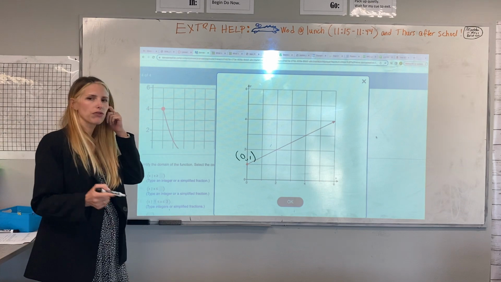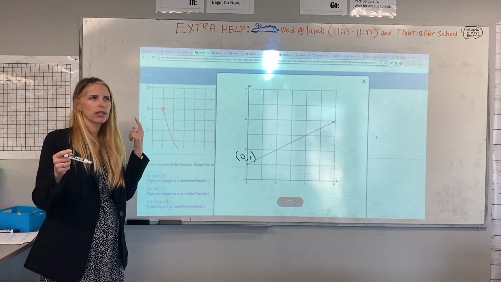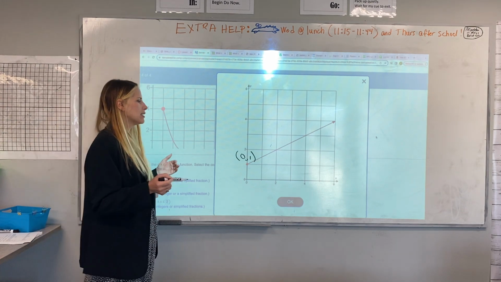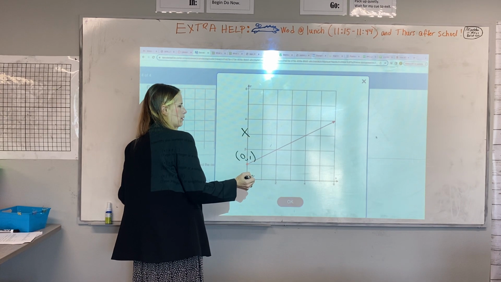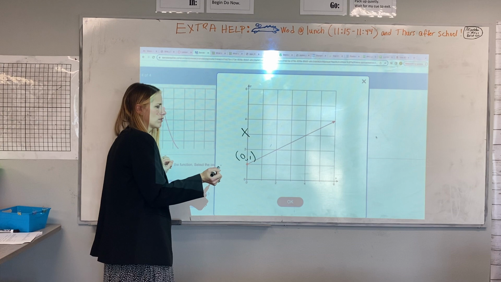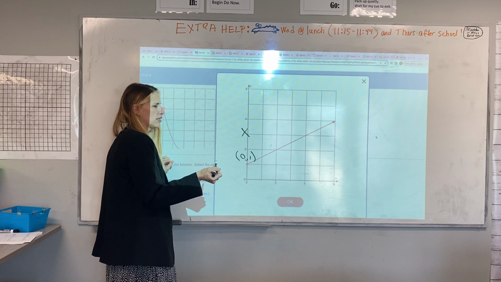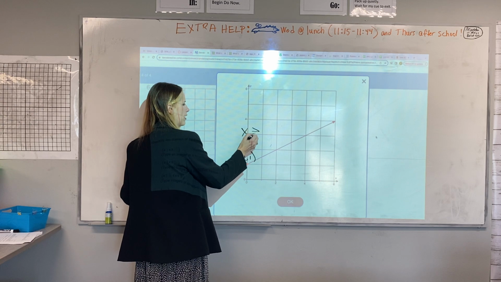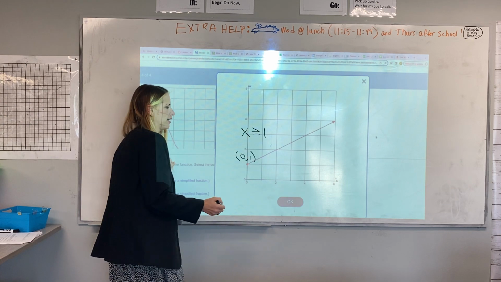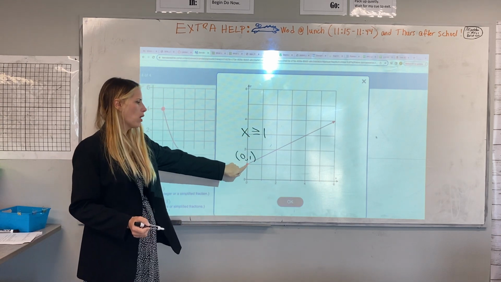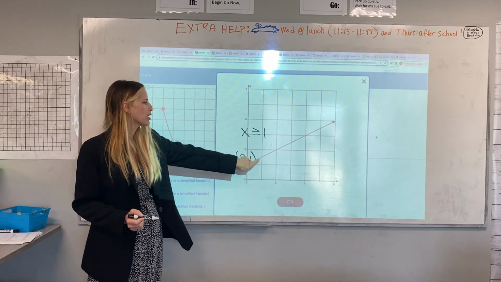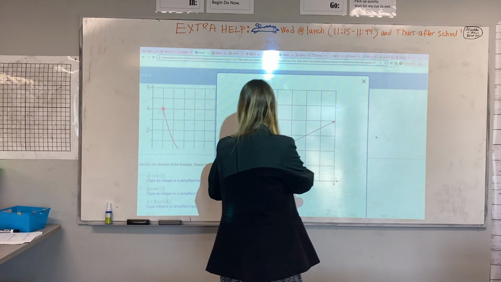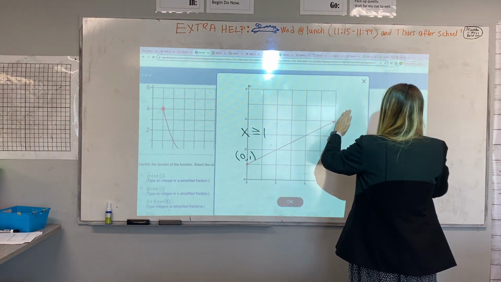So for this, what you were trying to say before, when you were skipping ahead to the range, we're going to say x has to be what? Greater than or equal to 1. Because it starts at 1 and includes 1, but our y's are going to continue being included as this line increases.